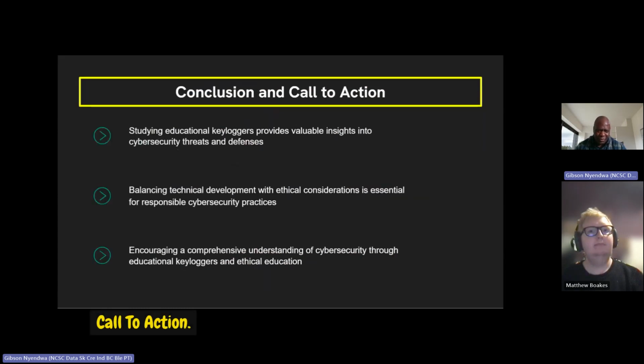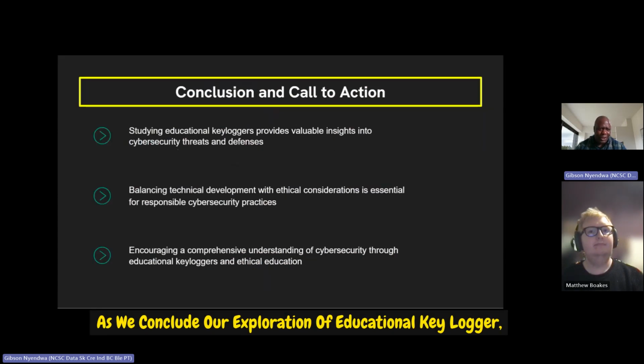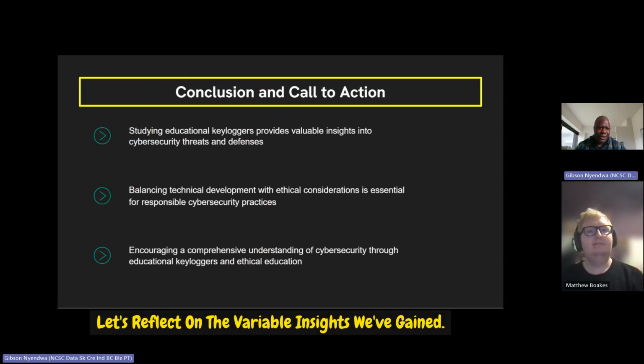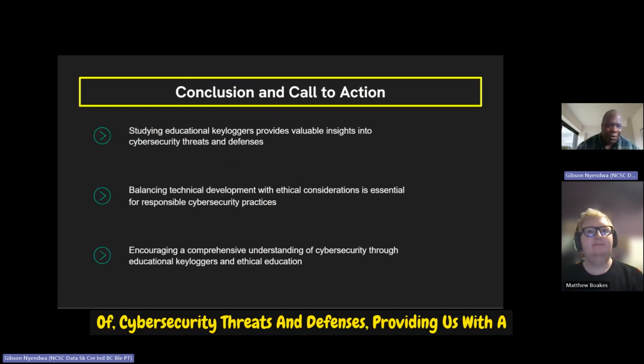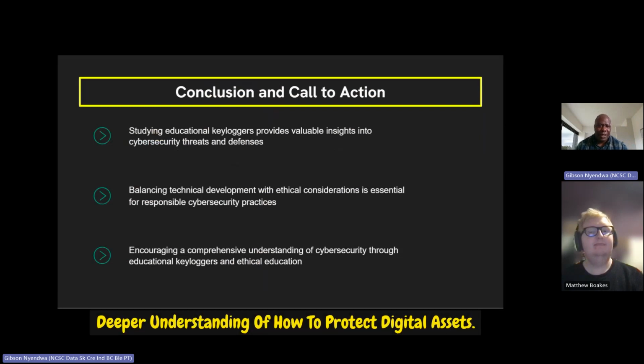Call to action. As we conclude our exploration of educational keyloggers, let's reflect on the valuable insights we've gained. We have seen how these tools can illuminate the inner workings of cybersecurity threats and defenses, providing us with a deeper understanding of how to protect digital assets.